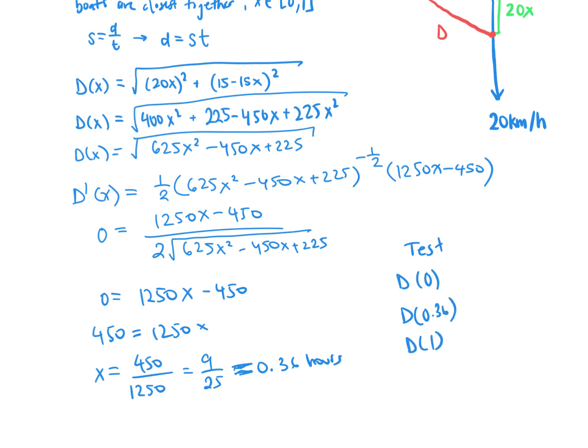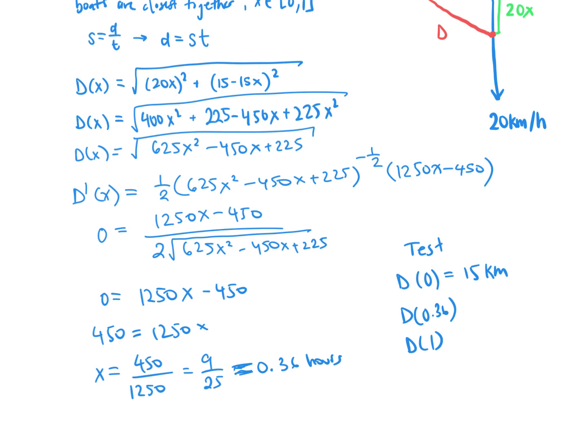Well, my distance at 0 is going to be 15 kilometers because the first boat is at the dock and the second boat is an hour away. If it's an hour away and it's traveling 15 kilometers per hour, that must be 15 kilometers.